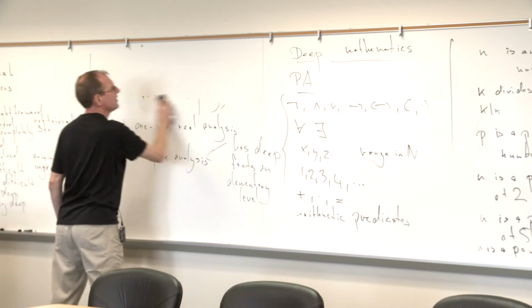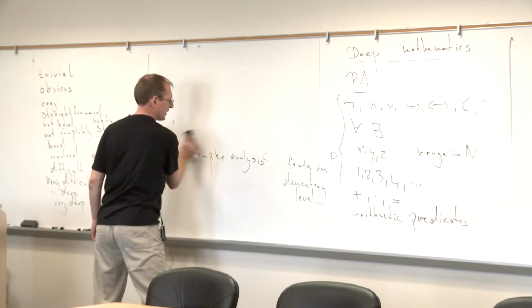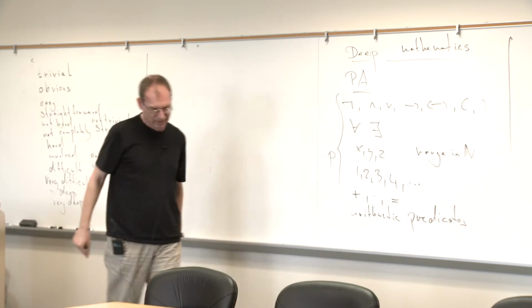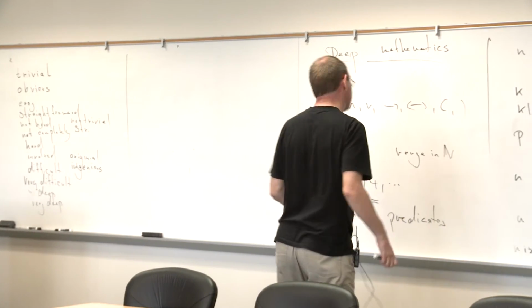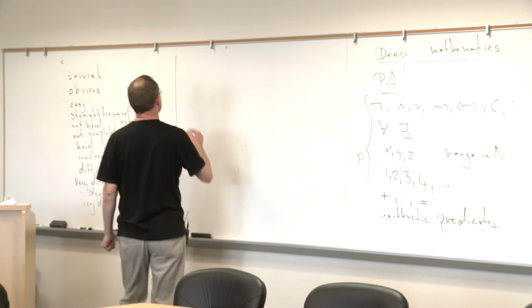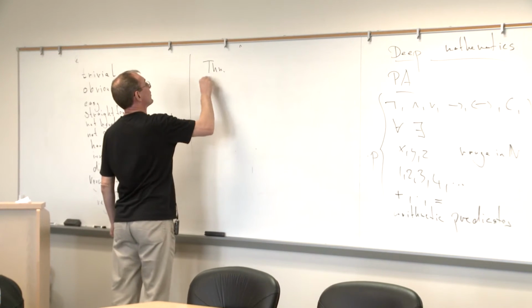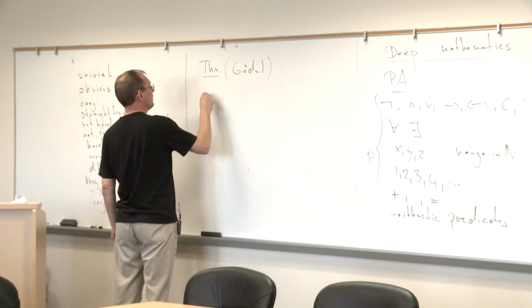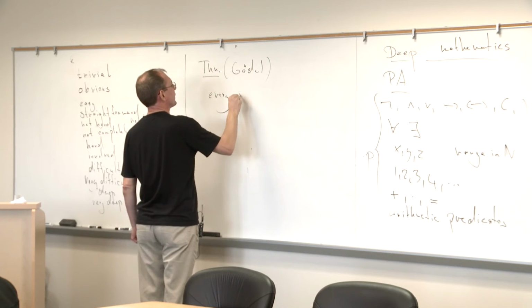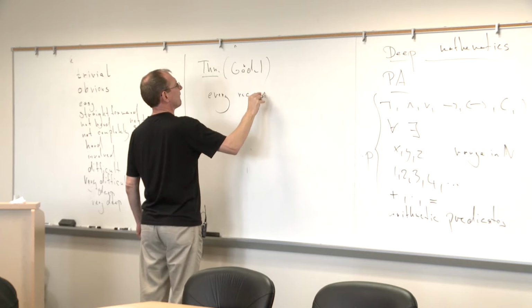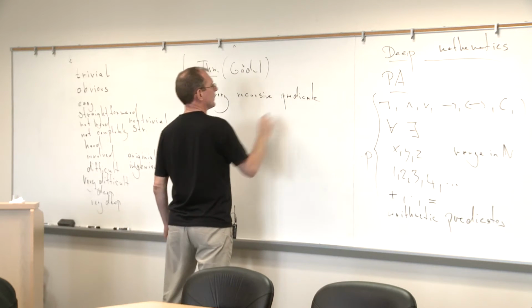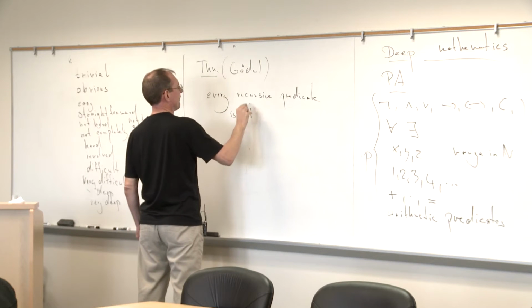And I was really absolutely shocked that, well, first of all, you could even speculate that something like this should be true. And then I was also shocked when I saw the proof, namely Gödel proved the theorem: every recursive predicate is arithmetic.